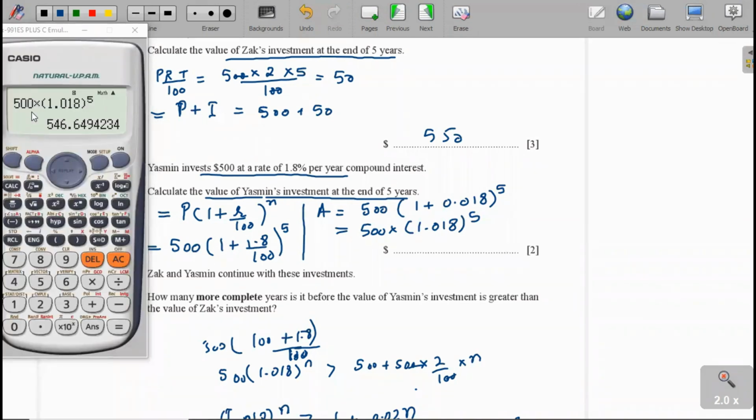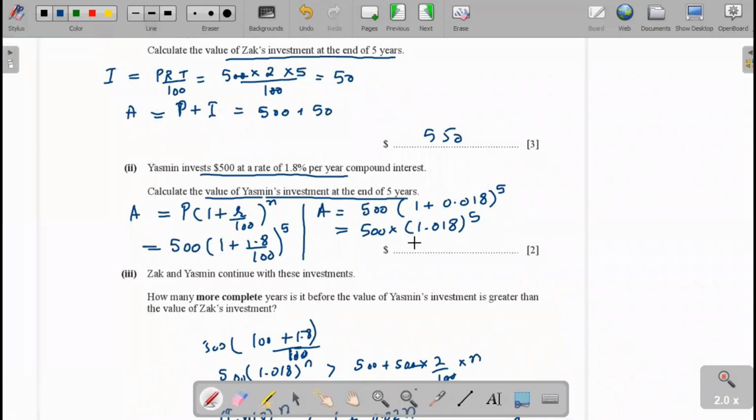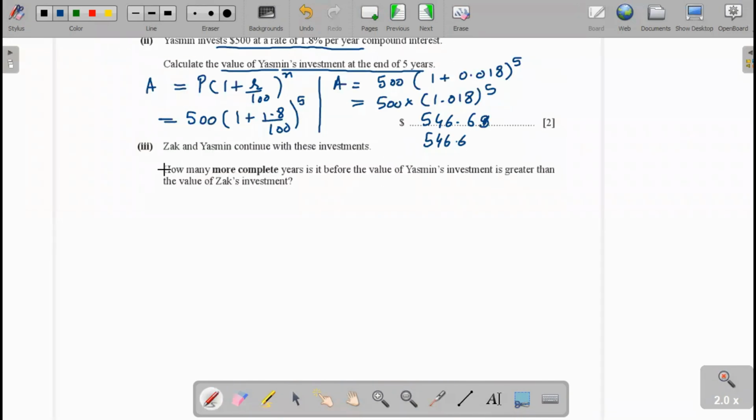Now 500 multiplied by 1.018 to the power 5 is equal to 546.649. That's it. Now we can write it as 546.6.